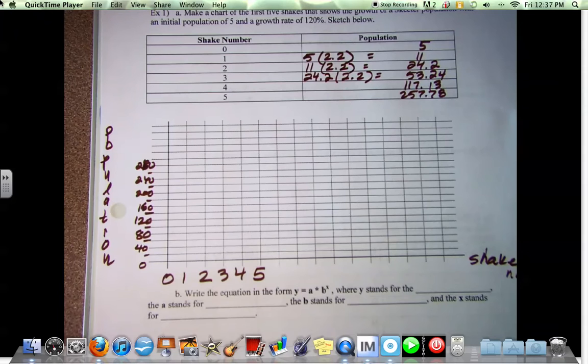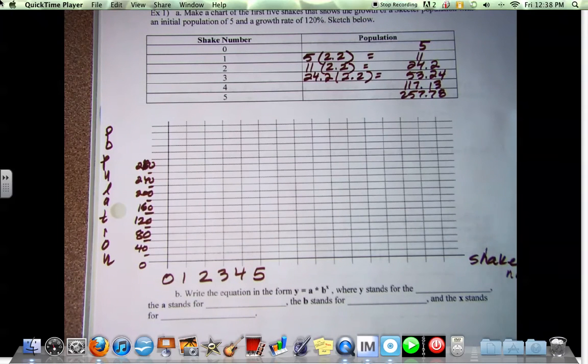I'm doing 20s, but I'm not labeling every line. Why would you do that? That's confusing, so that's not great. I didn't mess up anything. Sorry. That's your math.